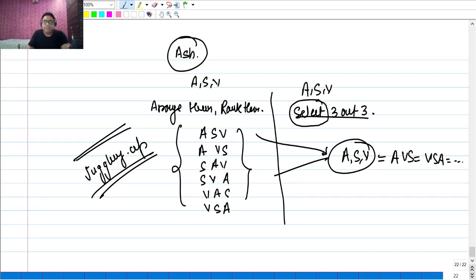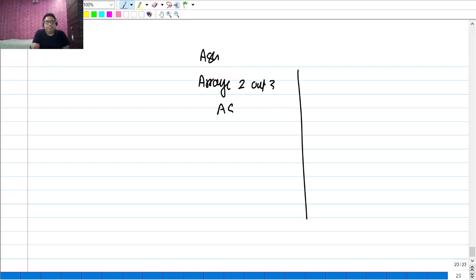Now again, suppose Aishwarya wants to arrange 2 out of 3. So it would be Abhishek, Salman, or Salman, Abhishek, or Abhishek, Vivek, or Vivek, Abhishek, or Salman, Vivek, or Vivek, Salman.